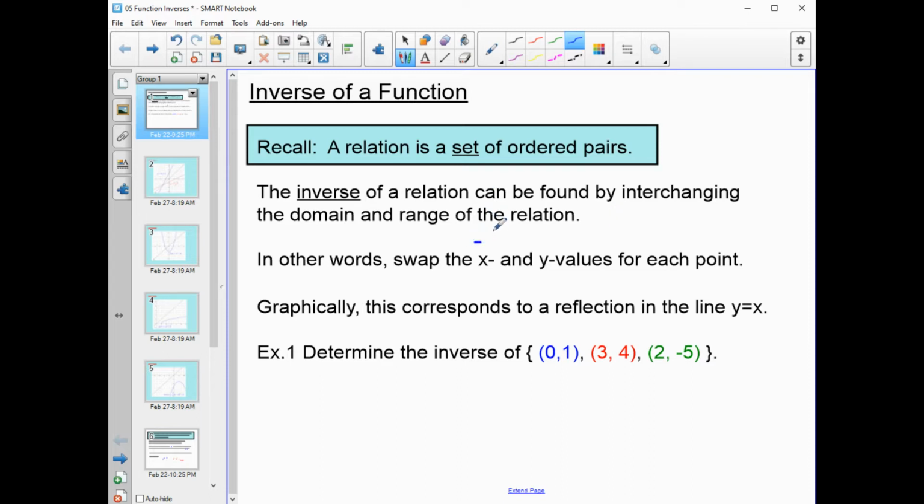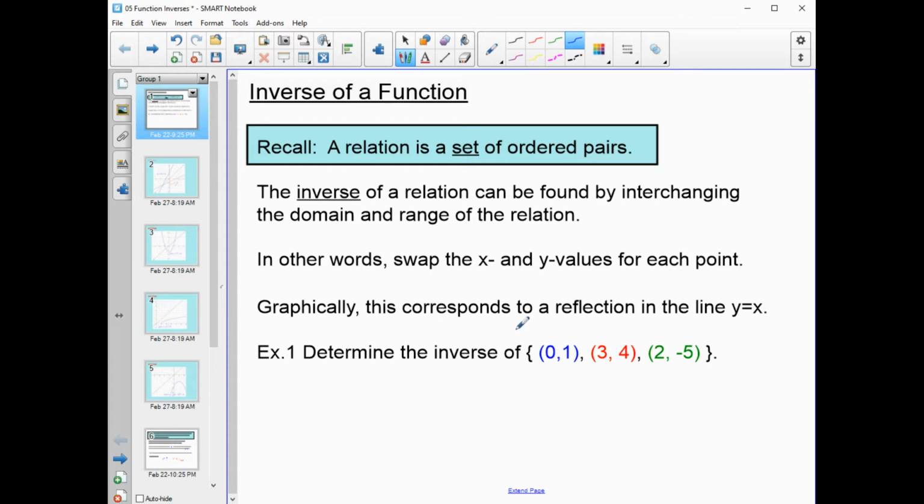Now, if you happen to have points, that can be made much easier to see because it's simply taking the x and y values, or the x and y coordinates, and swapping them for each point. If we were to represent that exact same situation graphically, what we would find is that it ends up being a reflection.